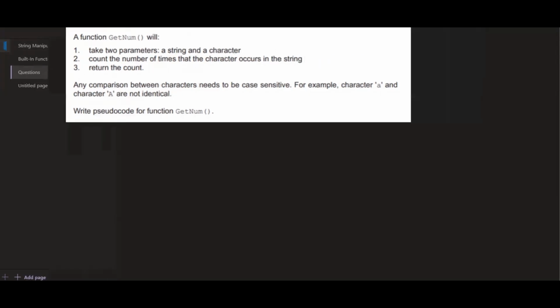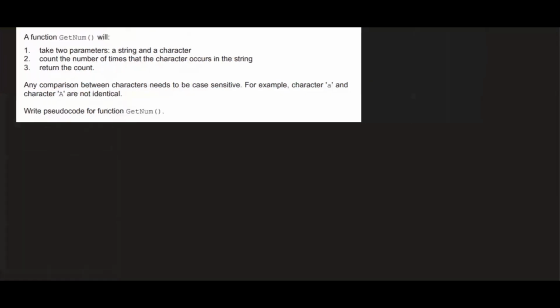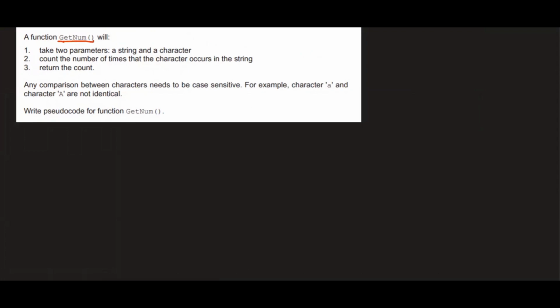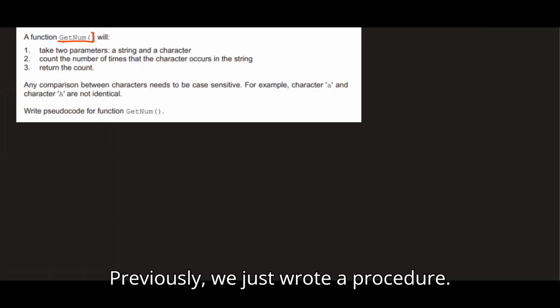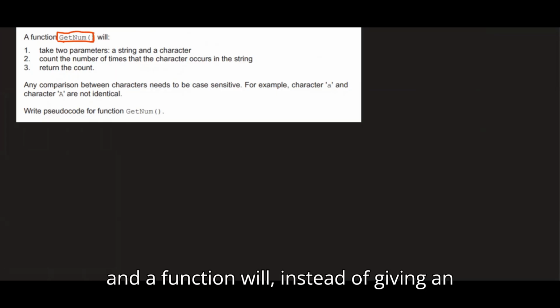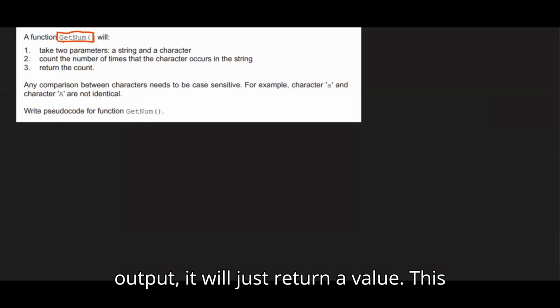In this question, we have to write a function called getNum. Previously we wrote a procedure. A procedure always gives us an output, and a function, instead of giving an output, will just return a value.